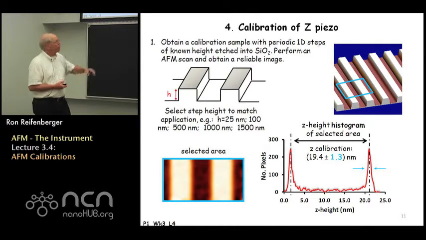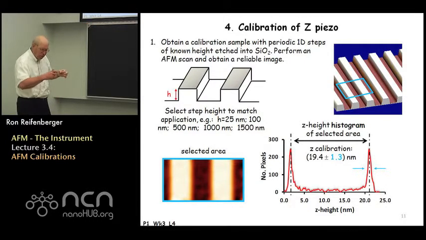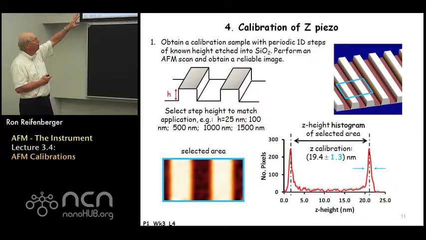After you obtain an AFM image of that particular calibration grating, you can then use a histogram analysis, right? Don't draw a line across the image and then try to measure heights from that particular line. That's not very accurate. It's much more accurate to define a region on the substrate, use that region of the substrate to produce a histogram of heights, as I've indicated in the bottom right hand portion of this slide.